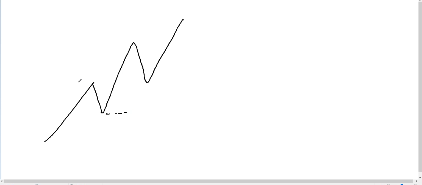Price comes up, sets a higher high, and then we have an exhaustion phase. Price retraces, buyers come back into the market, and we get another push higher, and we go set another higher high. And then what does price do? It gets exhausted, comes back down, sets a new higher low before the buyers come back in, and it goes back up.